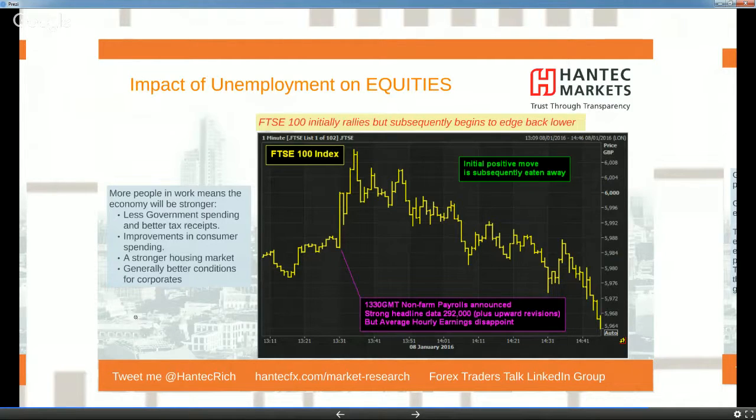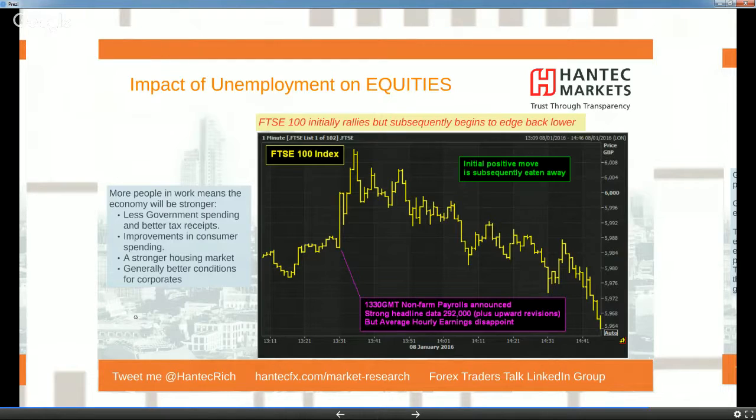Is the fact that a better economy generally just means it's a better environment for corporates to do their business. Now you do have again, as with a lot of economic indicators with equity markets, this sort of slightly mixed reaction sometimes.